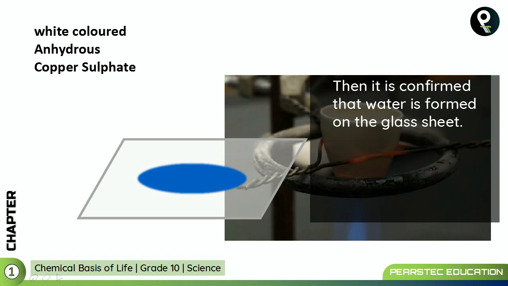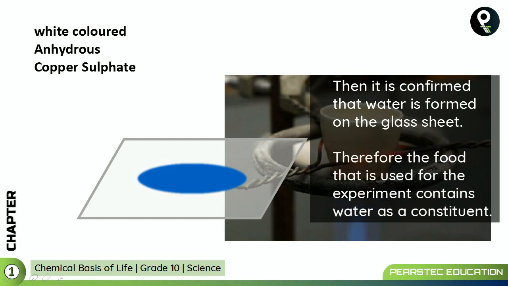That water turns pink with one solution, and with another solution it turns blue. So it is confirmed that water is formed on the glass sheet. Therefore, the food used for the experiments contains water as a constituent. Therefore, the food has hydrogen and oxygen.